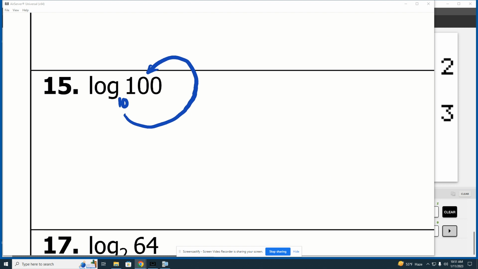The log base 10 of 100, or log of 100, what did y'all get when you typed it in there? 2. 2 is the answer to log of 100. Why? Because 10 to the second power equals 100. You understand that? Go directly above it.